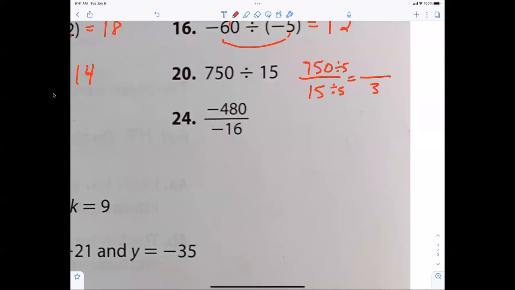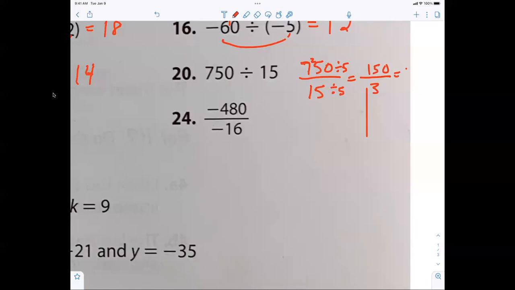How many times does 5 go into 7? Yes, once. With how many left over? 2. So how many times does 5 go into 25? 5. Yes. And how many times does it go into 0? 0. Yes. So now what's 150 divided by 3?